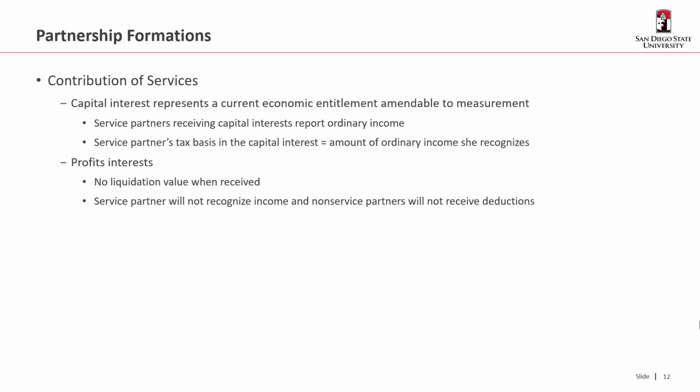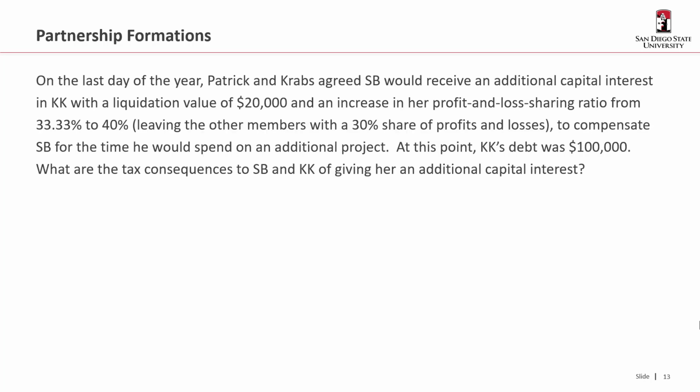So service partners that receive a capital interest generally report ordinary income, and their tax basis is the amount of income they recognize. Whereas a profits interest, no one really knows what the future profits are going to be. They could be a lot, they could be a little, they could be negative. So as a result, there's generally no liquidation value to a profits interest, and the service partner does not recognize income in exchange for just a profits interest, which, as you'll recall, that's typically what they get.